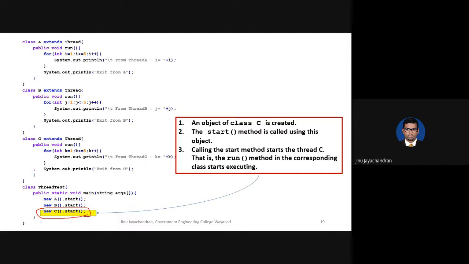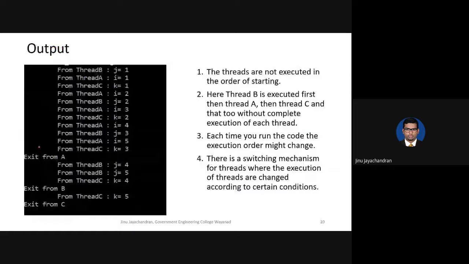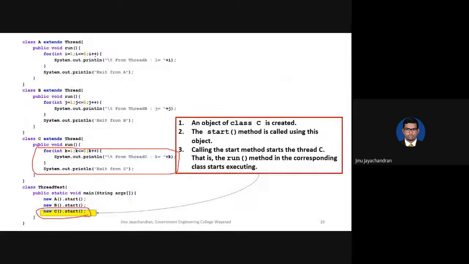Again, we create an object of C, and it will run whatever is inside the run method implemented by class C as a thread. All three threads will run and print the values from 1 to 5. But let's look at what is happening. In each of these classes, you have a print statement. If it is in class A, it prints from thread A, colon, i is equal to the value of i.